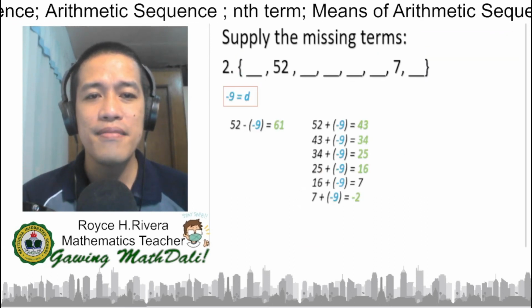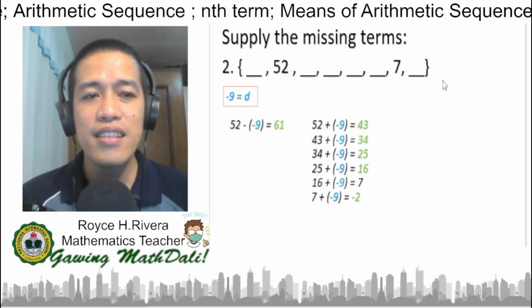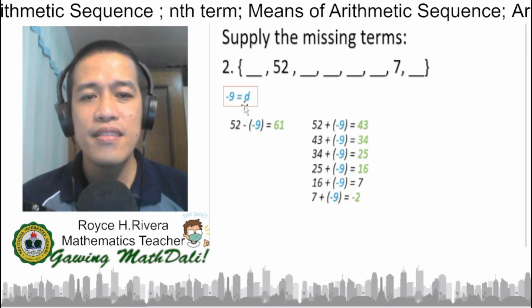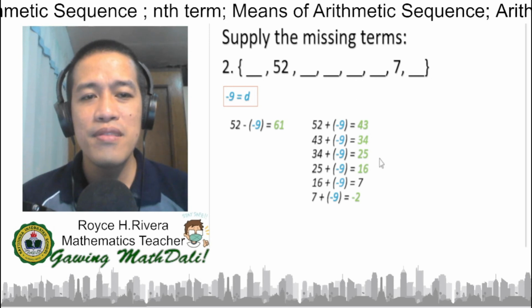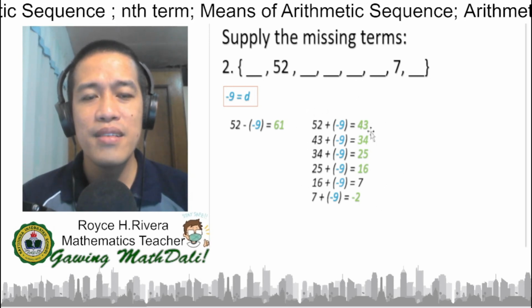Tingnan natin. So here is the original set given. Let us focus first with this set of computations.